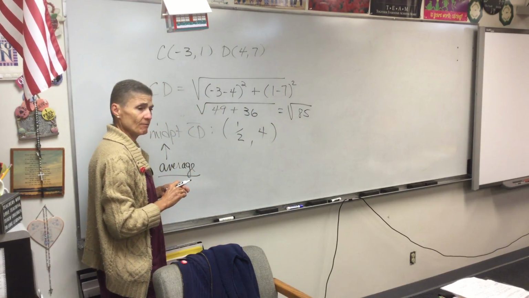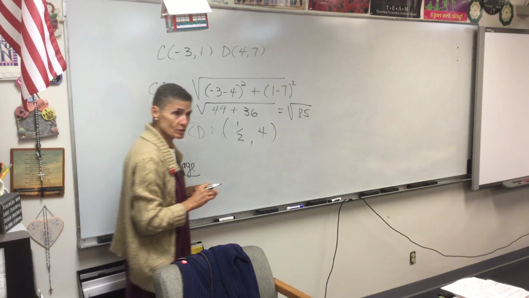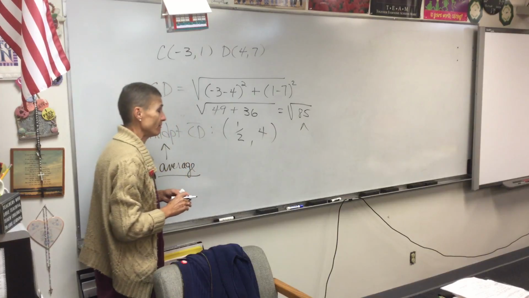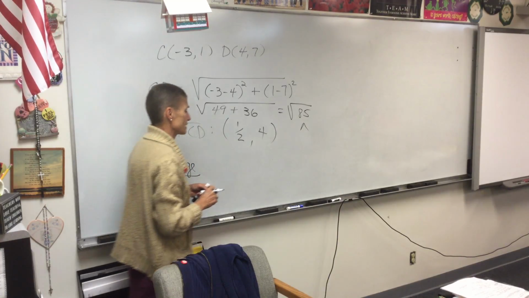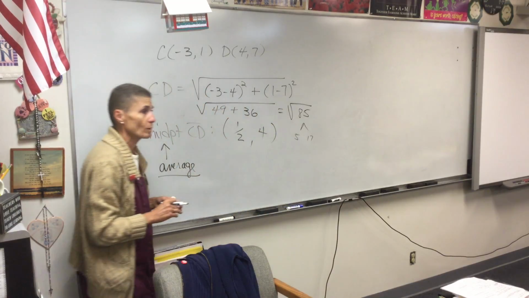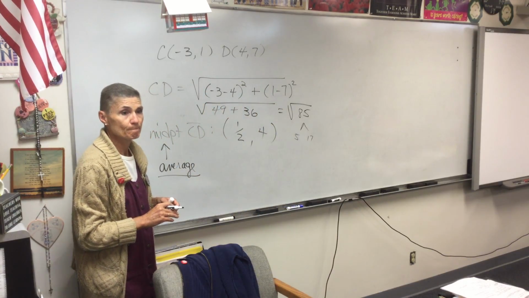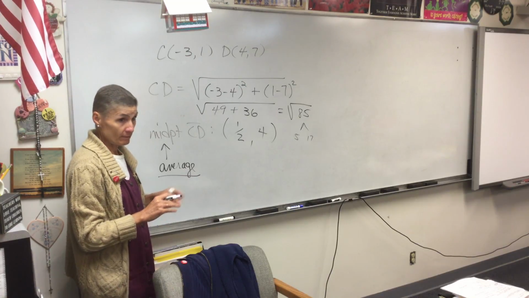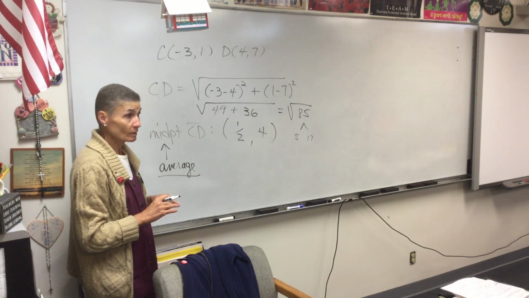I don't think 85 reduces, but let's try it just to make sure. 5 goes into 85 17 times, so we can't reduce that. So the square root of 85 is your answer. Okay? Everybody good? Everybody remember all that?